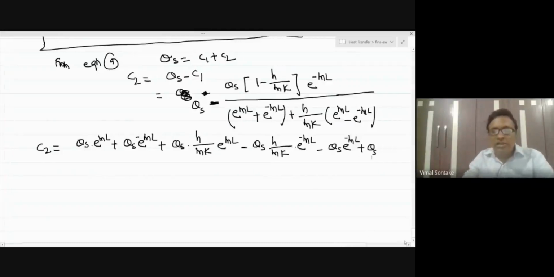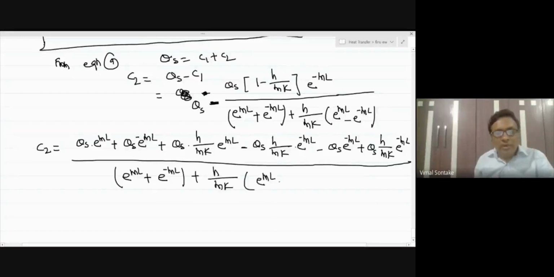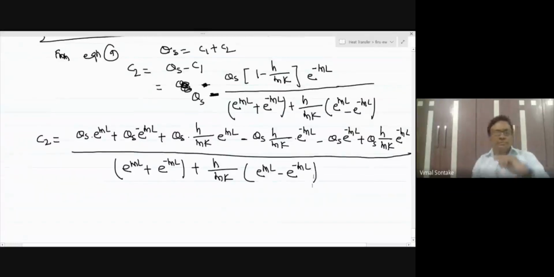I want to move to the right hand side theta s into h over mk e to the power minus ml, and the entire numerator will have the denominator e^ml plus e^minus ml plus h over mk e^ml minus e^minus ml. So this way we could simplify this.